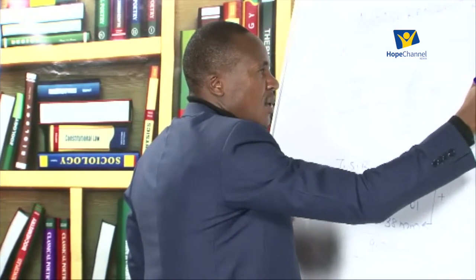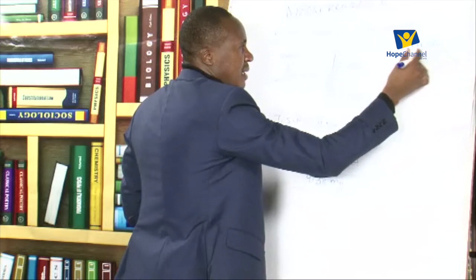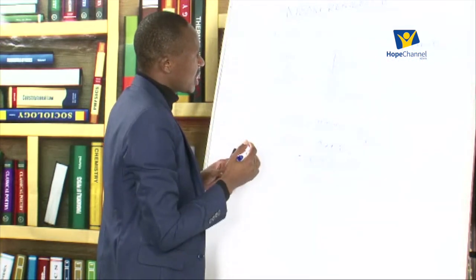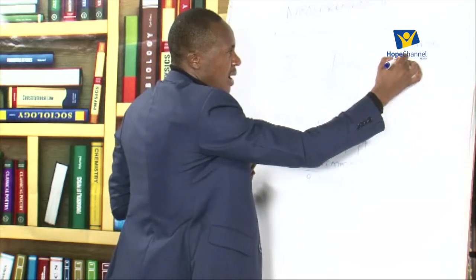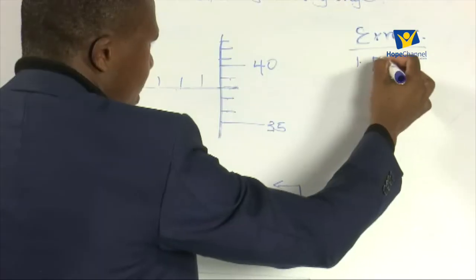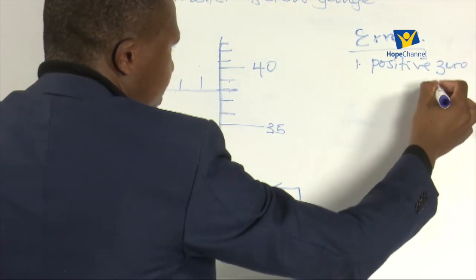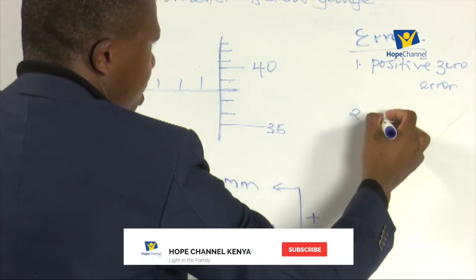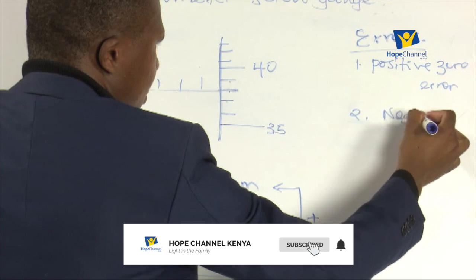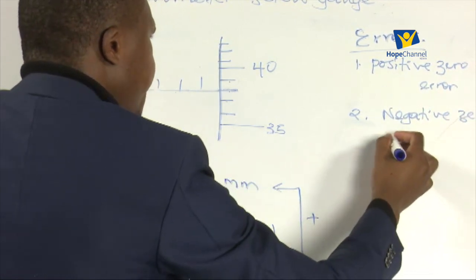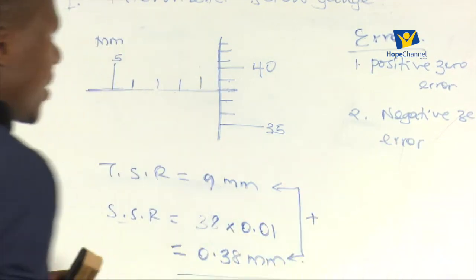So errors occur when there is a reading displayed in the event there is no object between the jaws of the micrometer. So we have number 1, a positive zero error, and number 2, a negative zero error.